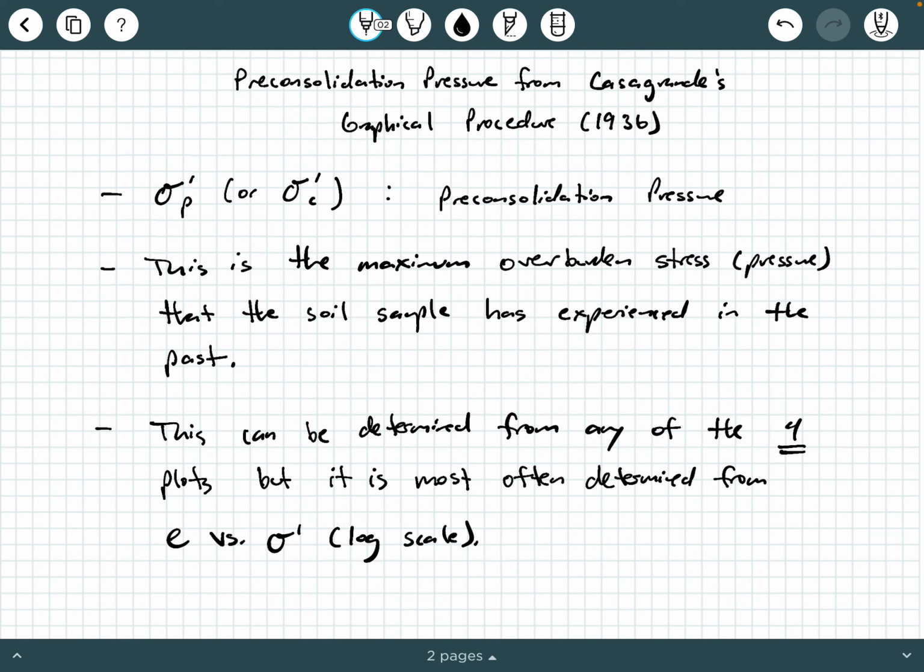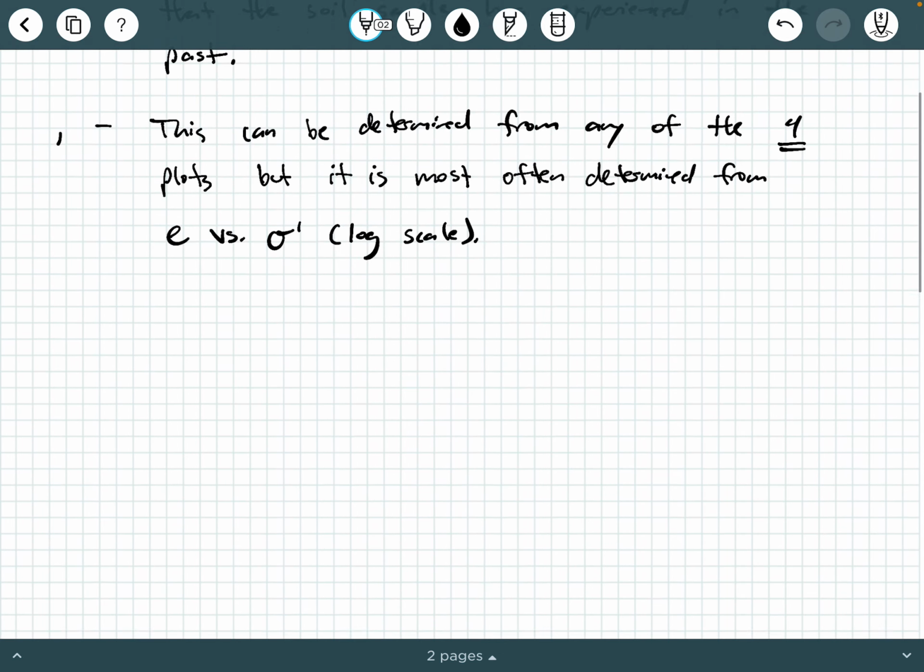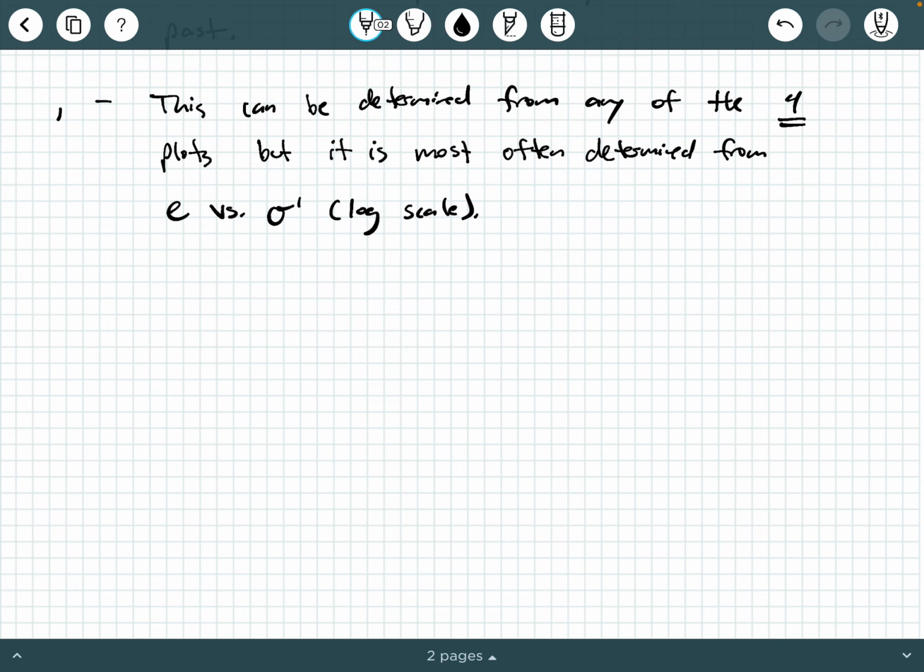So this is what you're familiar with, okay? Now this procedure, we did go over briefly in CE 322, and you may have even had a light homework on it, but again, we're going to revisit it in a little bit more detail in this class, okay? So let's look at this general procedure.